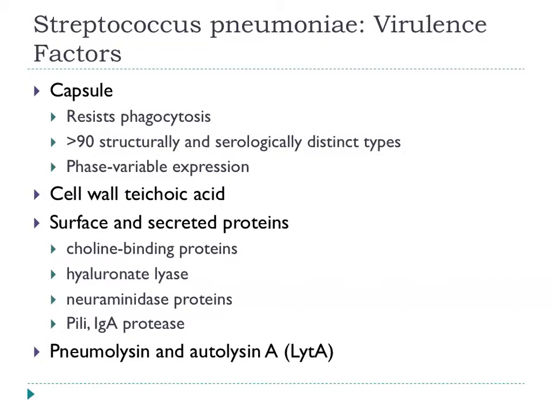There's a molecule called teichoic acid that sits in the cell wall. That is signaling to the immune system. That may be responsible for some of the features of septic shock that you would see if someone had pneumococcal septicemia. And then there's a whole range of surface and secreted proteins.